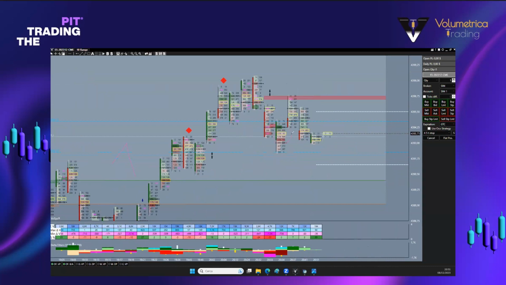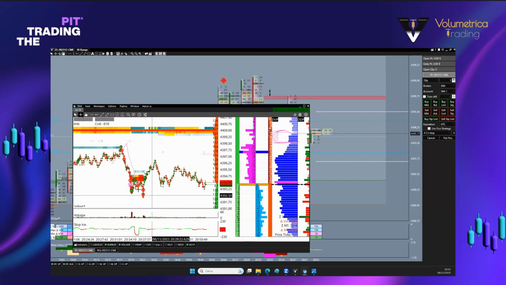Here we can see from footprint a nice volume cluster, so we can make the assumption that there was a nice amount of liquidity being provided. We are pulling back to the previous low.